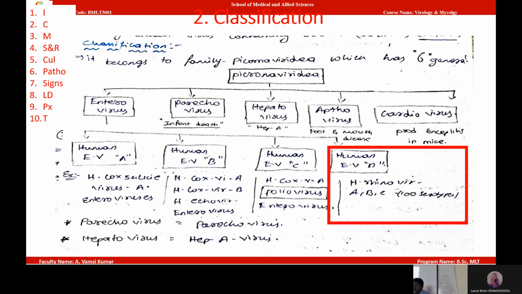These are the 5 genera in this family. Our poliovirus belongs to the enterovirus genus. That means poliovirus will cause infection first in the intestine, then it will go to the spinal cord. It is an intestinal virus. In the enteroviruses, we have 4 classes: human enterovirus A, B, C, D. Among these 4 classes, poliovirus belongs to class C, whereas rhinovirus belongs to class D.